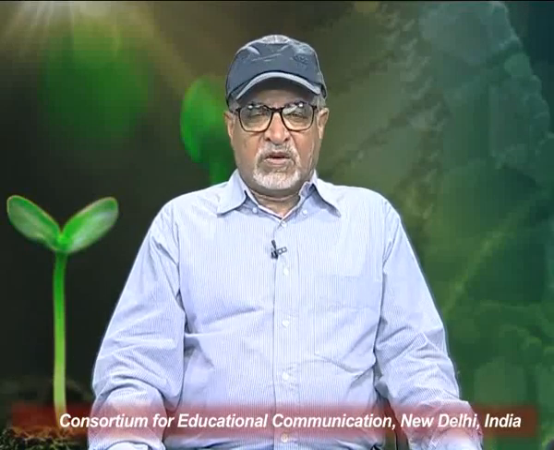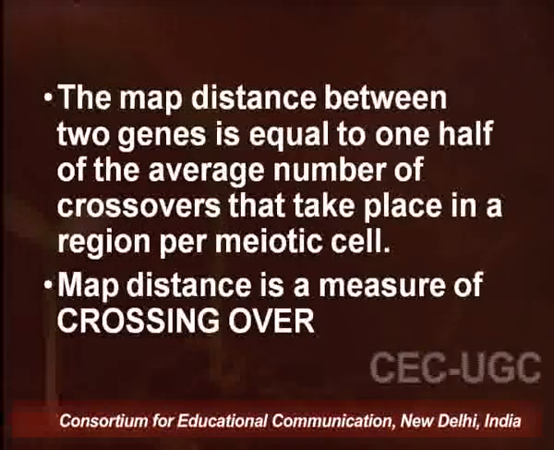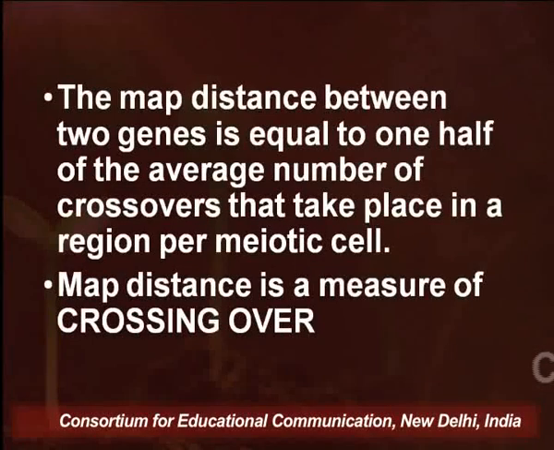So recombination frequency is a measure of how much recombination has actually been observed in a particular experiment, and not just the number of crossovers. The map distance between two genes therefore is equal to 1/2 of the average number of crossovers that take place in the region per meiotic cell.